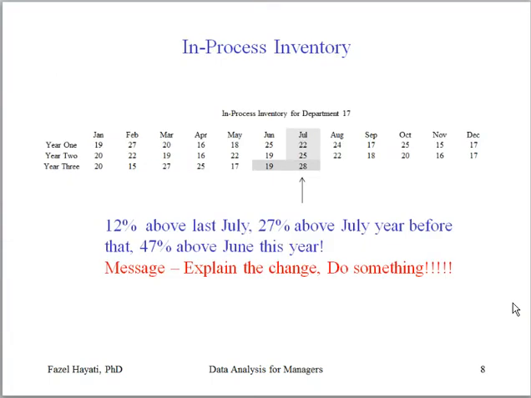So going back to the in-process inventory, the management demanded explanation between the changes in July of this year to July of last year, or the year before, or June of this year. So 12% above last July, 27% above July year before, and 47% above June of this year, and demanded some explanation.